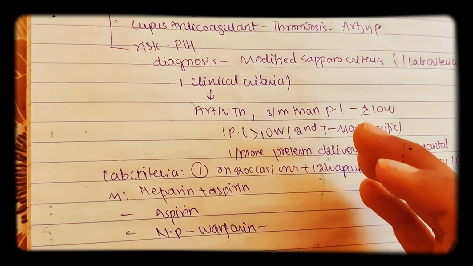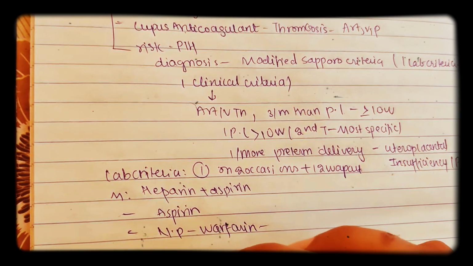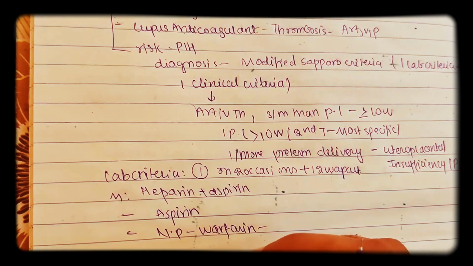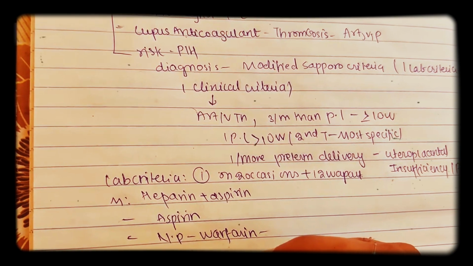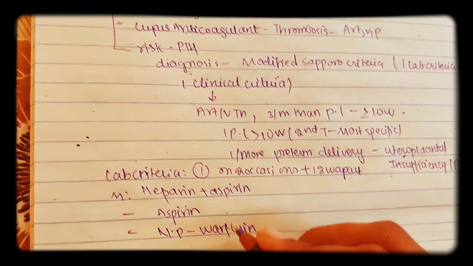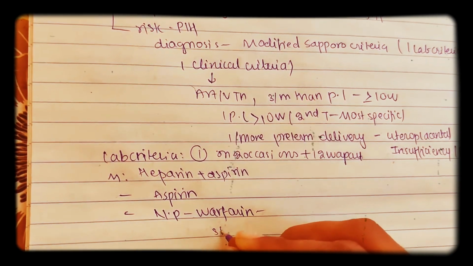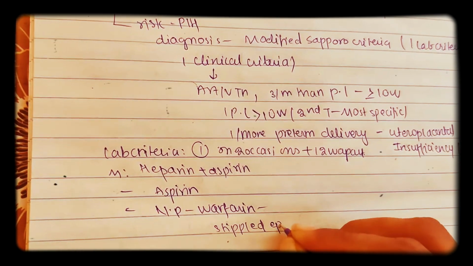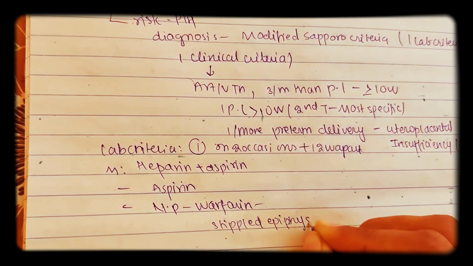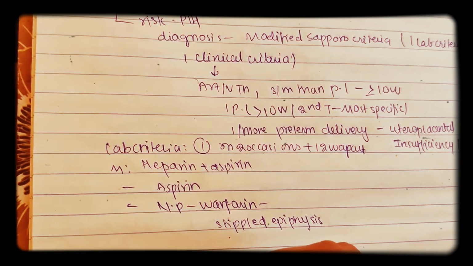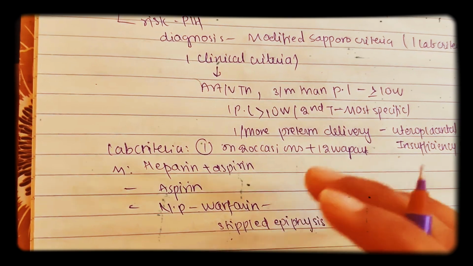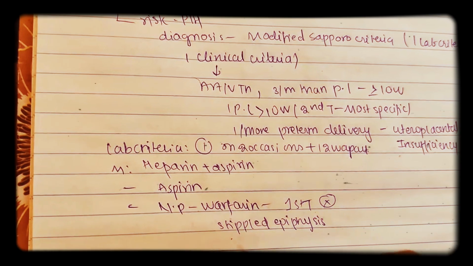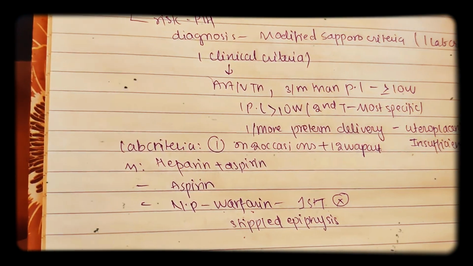Warfarin embryopathy closely resembles chondrodysplasia, and these patients have stippled epiphyses, which you need to remember. Warfarin is avoided during pregnancy, especially in the first trimester. In a non-pregnant female you can give it whenever you want.